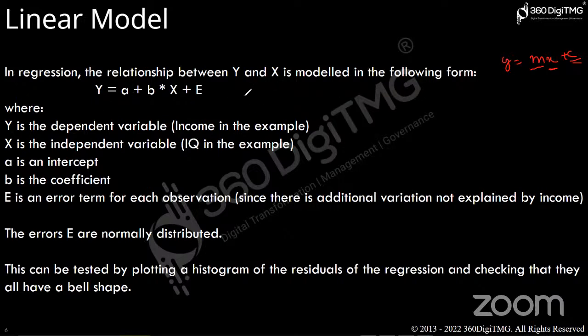So our regression line equation is also based on that. It is y equals a plus bx plus e. a is the y-intercept, b is the coefficient of x, and e is the error term.